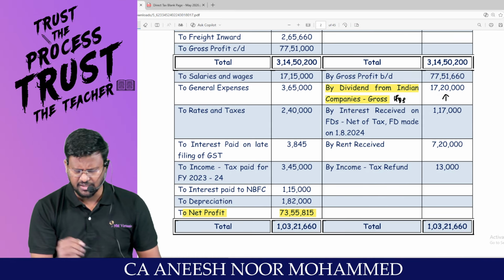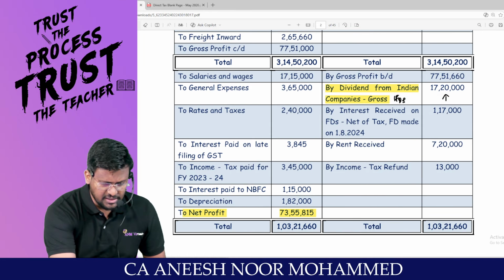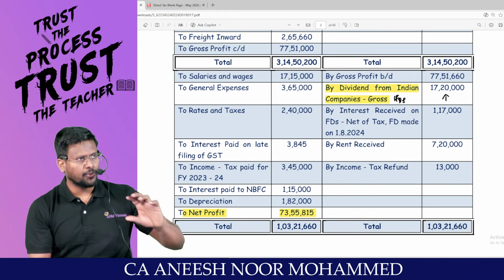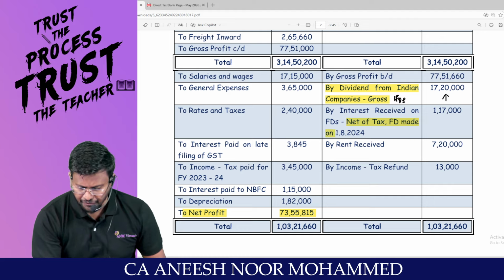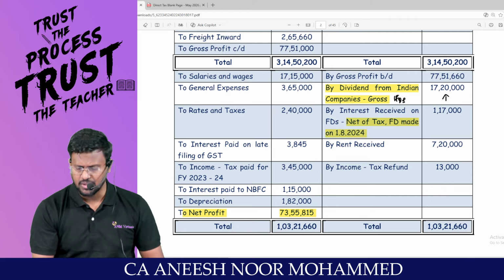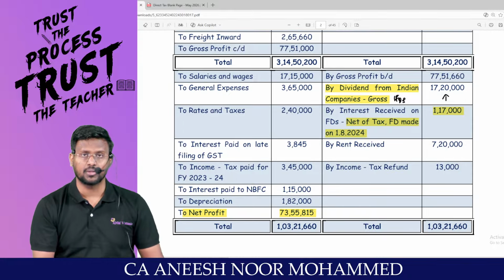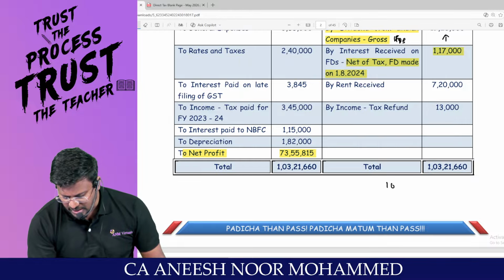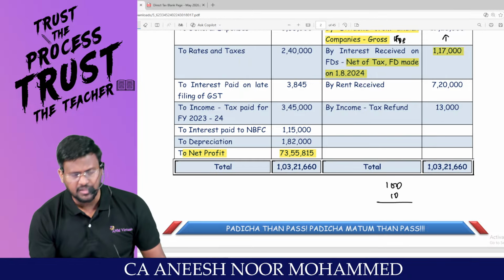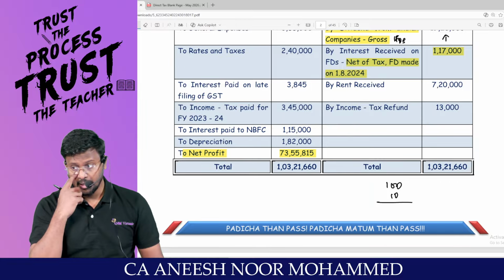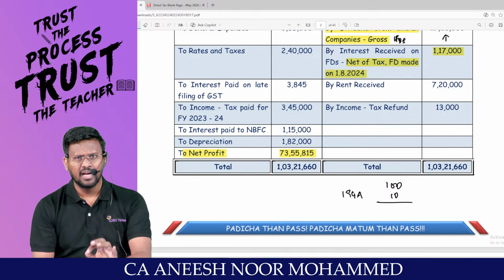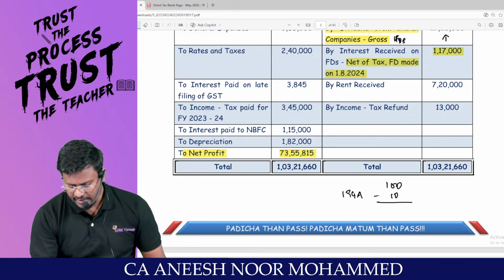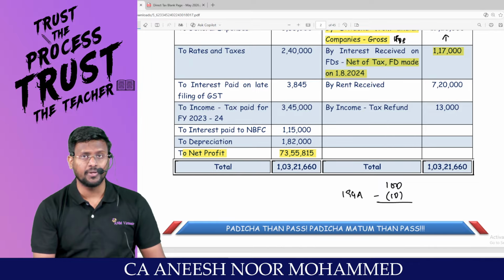Easy game always. By interest received on FD, yes, if we put an FD, the bank will give us interest. Net of TDS, FD made on 1/8/2024, 1,17,000. So my dear lovable students, if 100 rupees is the interest, 10 rupees the bank would have deducted as TDS. Because under section 194A, that is interest other than interest on securities, 10% is the TDS to be deducted.